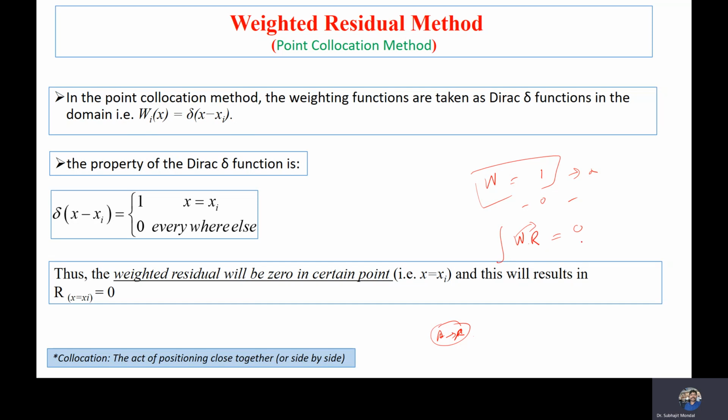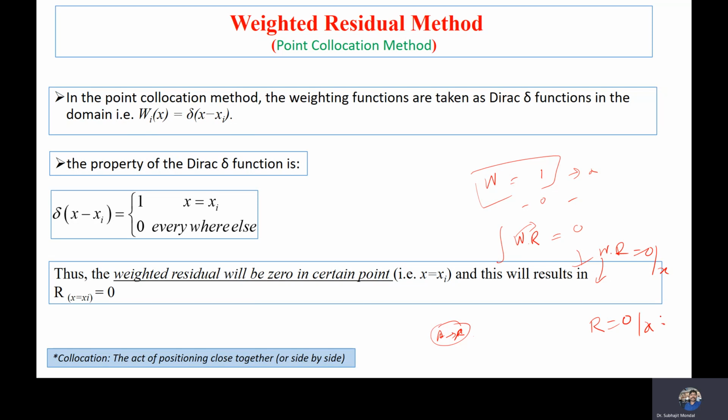In the point collocation method we are not doing the integration. We are finding W into R equal to 0 at the selected point of x, where W is equal to 1. So we are making the error equal to 0 at some selected point.